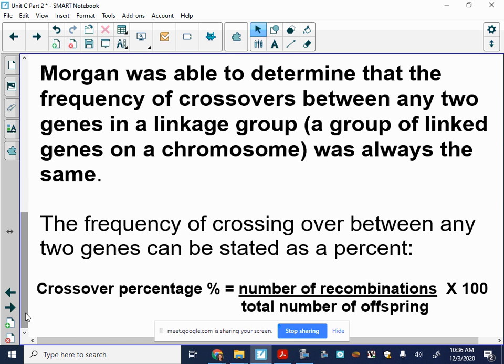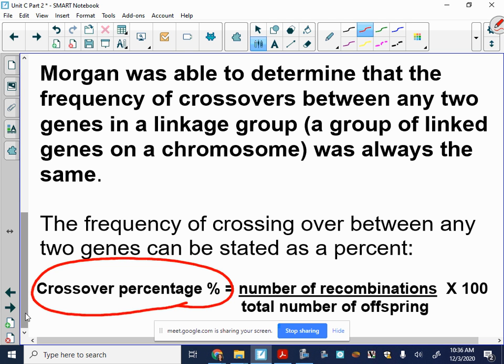So the frequency of crossing over between any two genes can be stated as a percentage, and it's these crossover percentages that helped him map the chromosomes. You get them by dividing the number of recombinations, the number of times that it crosses over, by the total number of offspring.